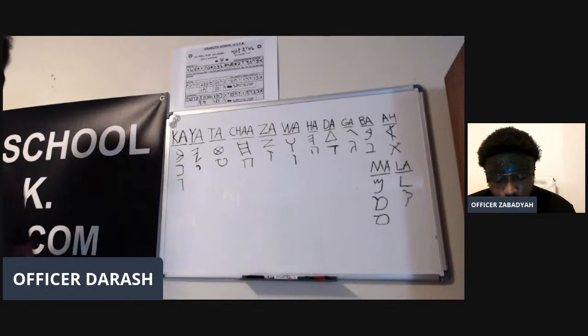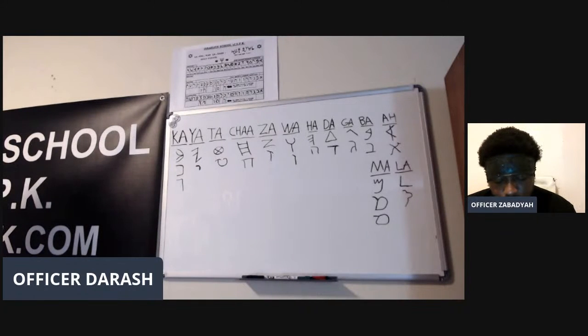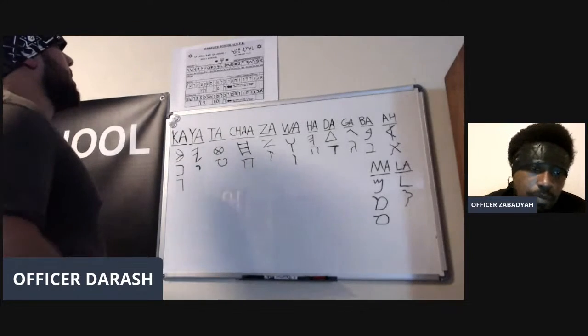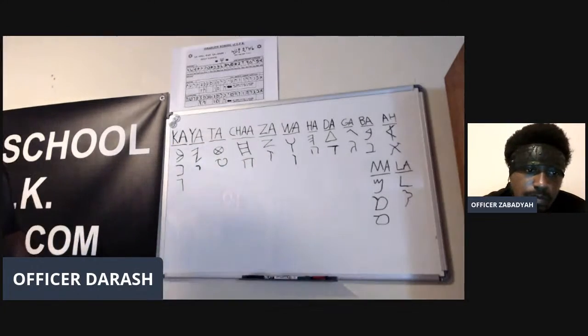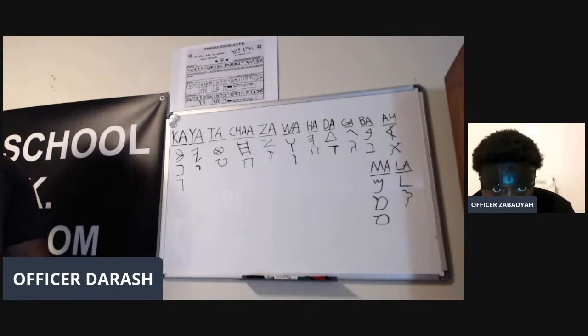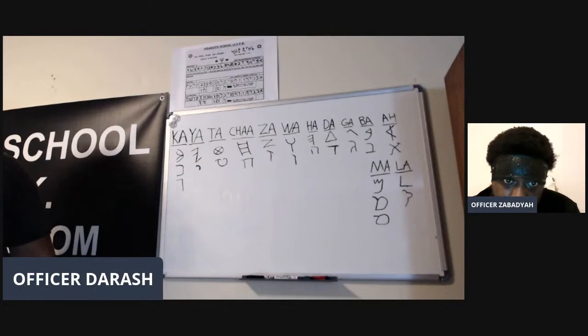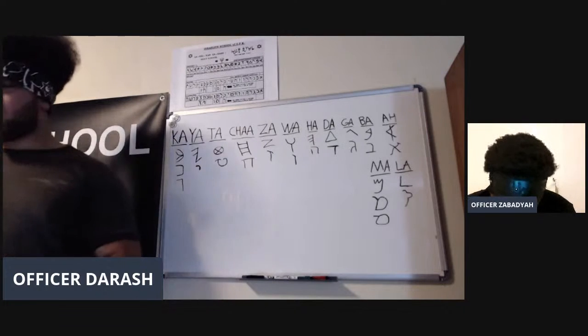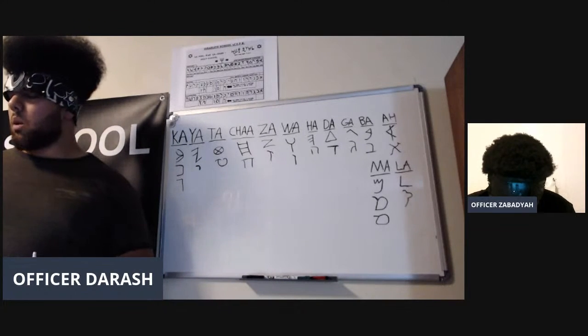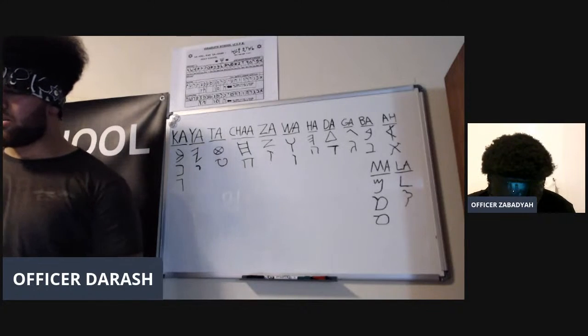Next is na. Na. Another interesting part is in the English alphabet, M and N are in the same position. Same thing here. M-N. M-N. All right. English is Esau's language. We have to remember that Esau was once a Hebrew speaker.